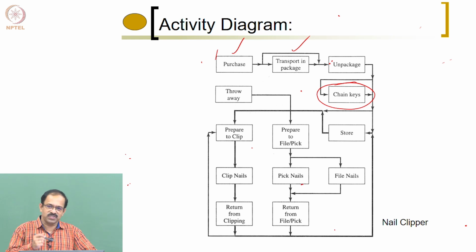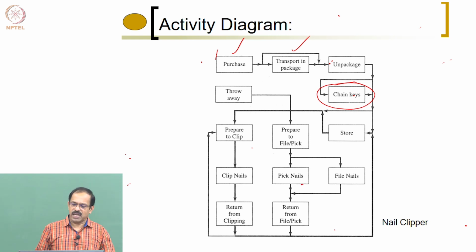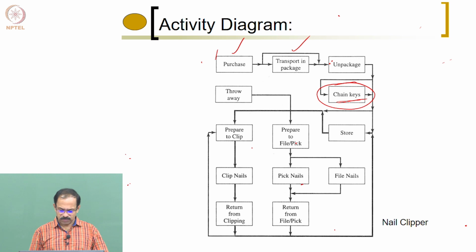So that is something which you say, oh, the people are interested in that one. So probably you need to have some facility to put some keys or something into the product, and then you store or then use. So prepare to clip and prepare to file or pick the nail, and clip nails, return from clipping, pick nails and return, and then file nails and go back to store.